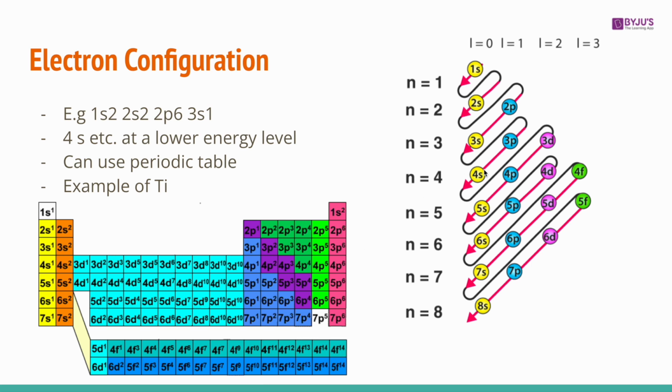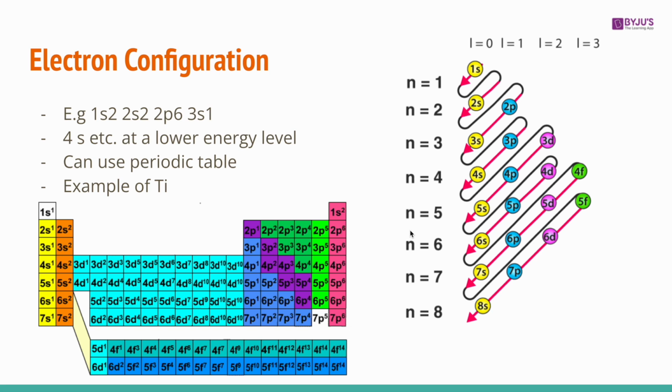So because the 4s is at a lower energy level, when we're writing electron configurations, we think of them in terms of ascending energy levels, and therefore the 4s would come prior to the 3d, and that's true for all subsequent s orbitals and d orbitals. The diagram on the right shows that quite clearly as well.